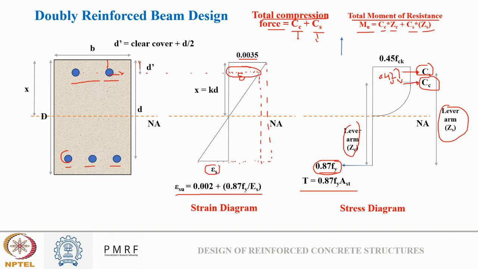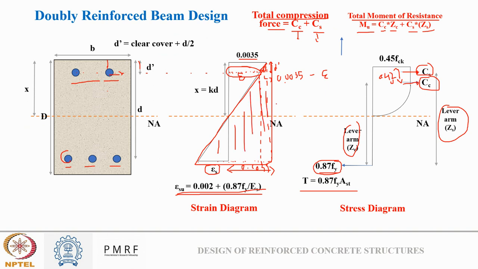This is epsilon s that you know, which will be equal to 0.0035. This small portion is nothing but 0.0035 minus the epsilon that we need. And this depth is d dash. Between this triangle and this bigger triangle, you can apply the similar triangle property.